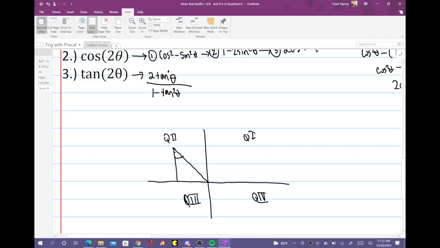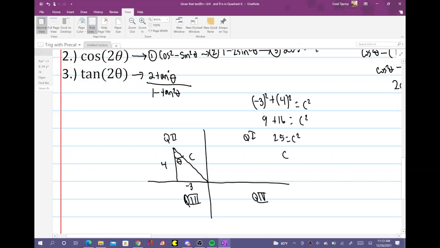Here's theta, it's -3 opposite, and then 4 is right here. To find our C value, or hypotenuse, we need the Pythagorean Theorem. So -3 squared plus 4 squared equals C squared, right? So 9 plus 16 equals C squared, and 25 equals C squared.